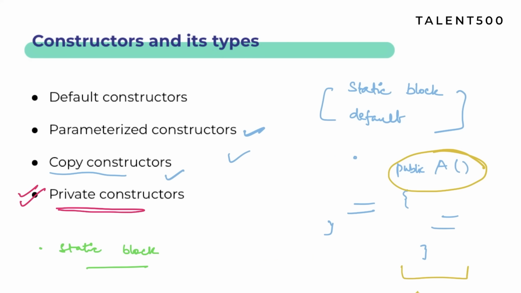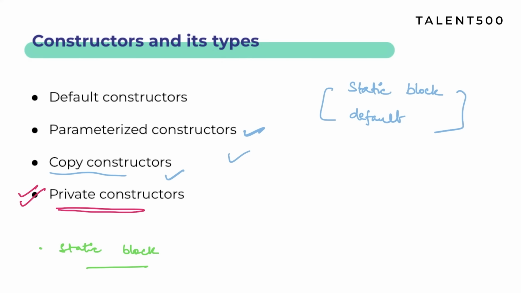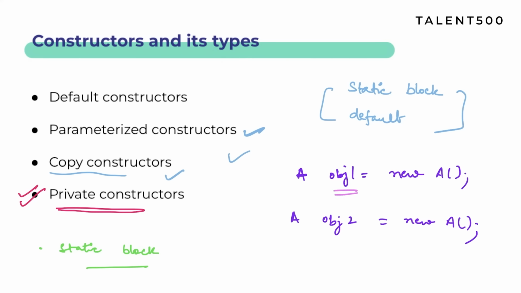What do I mean? If I have a class A, and for that class A I am creating objects like this. In this case, we are creating two objects of this class A. When you execute this, firstly your static block will get executed.